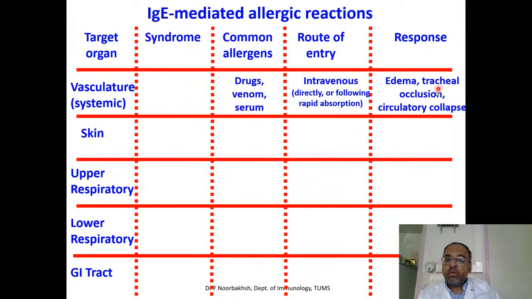So the second one, the tracheal occlusion, and the third one, the circulatory collapse, are life threatening. So this is the most dangerous form of allergy. It's called systemic anaphylaxis. And this is the type of allergic reaction which can be deadly.